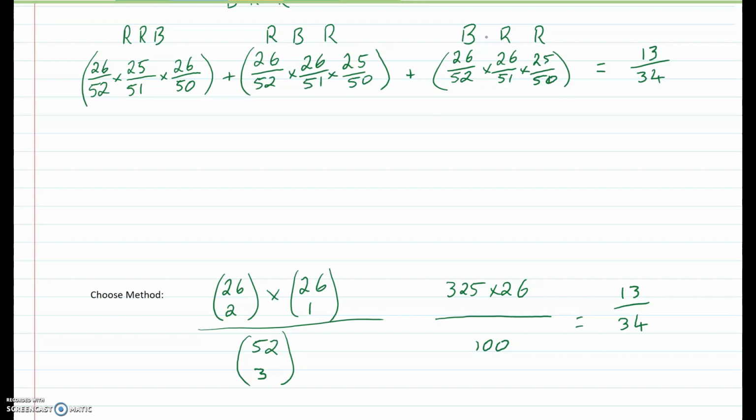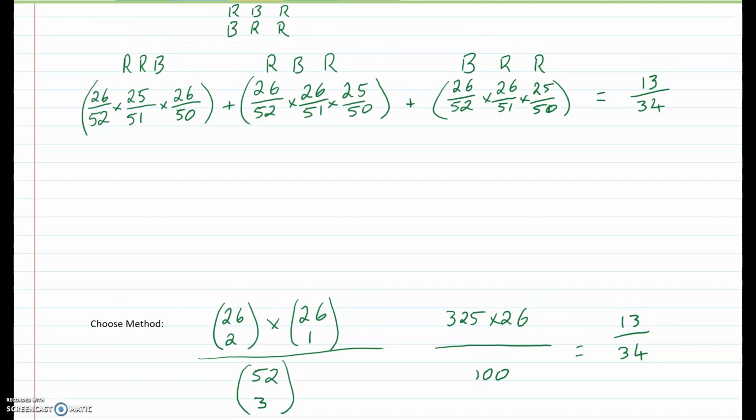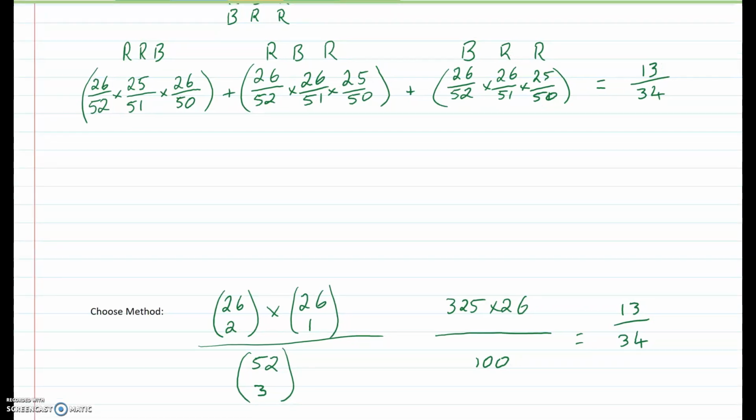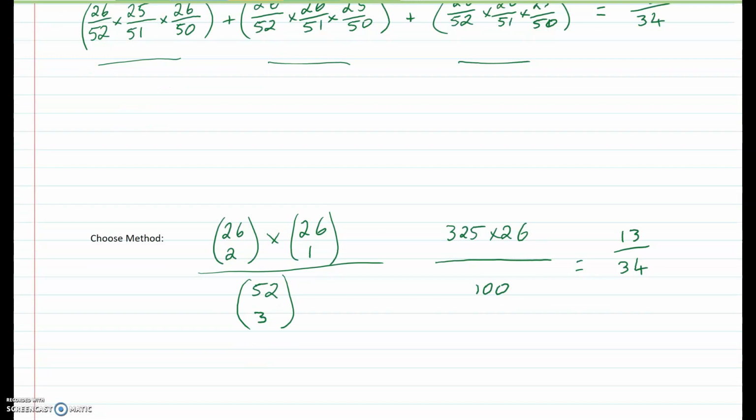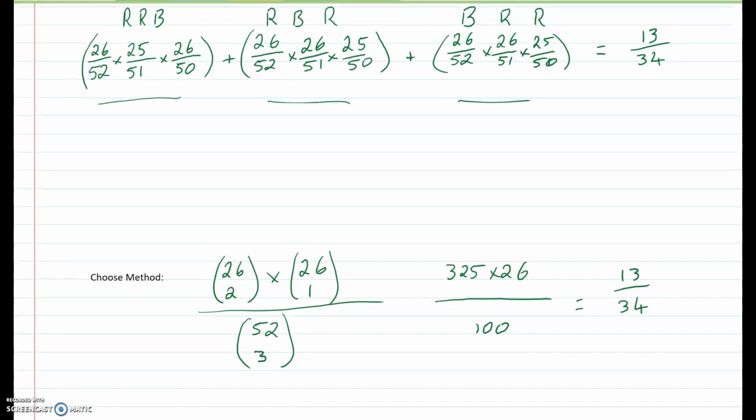Now imagine that you had a situation where you had 5 cards that you were choosing here, and you were, for instance, a full house in poker, 2 of one suit and 3 of another suit. If you had to go through all the different possibilities here, you might have anything up to 10 or 15 different ones that you have to add together. Now that's a very difficult calculation to do, very time consuming, and that's where your choosing method really comes into its own.